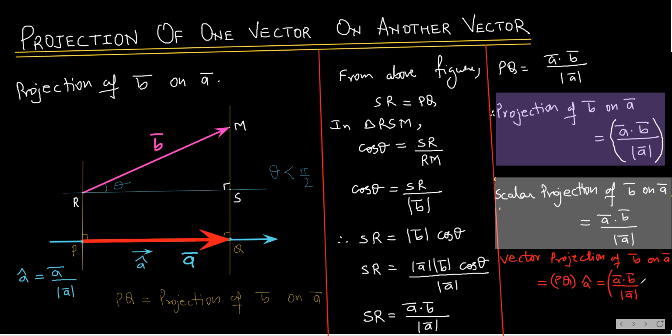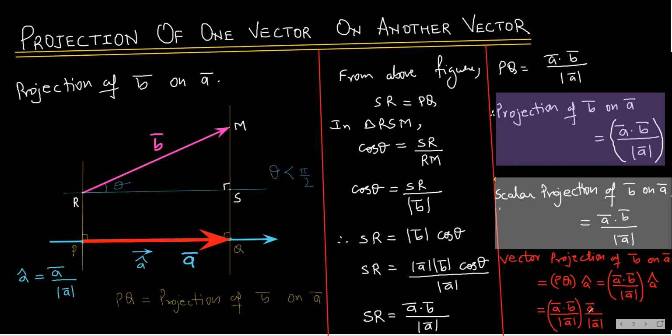And then we have this to be multiplied with A cap, and what is A cap? A cap is A bar upon mod A bar. So the next step I will have vector projection as A bar dot B bar upon mod A bar times A bar upon mod A bar.